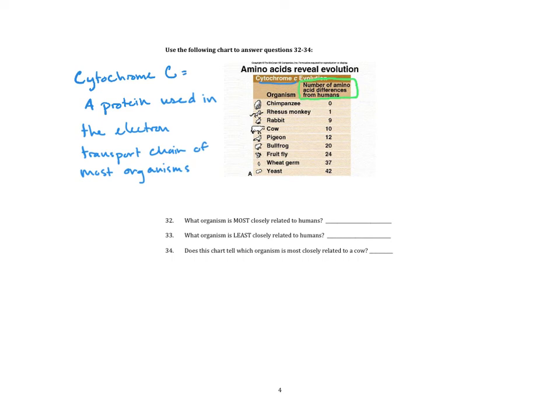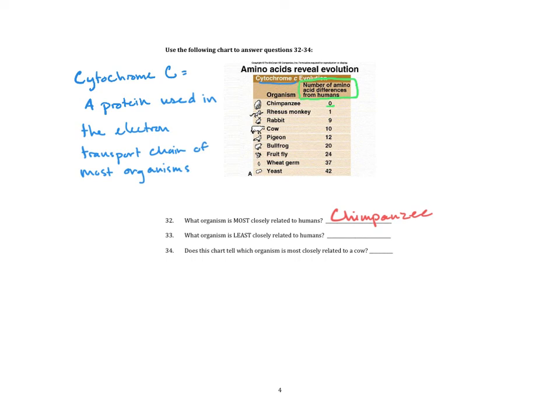When you look at this chart, you want to find the organism that has the fewest number of differences between humans and the cytochrome C amino acid sequence from a different species. You should notice that chimpanzees have zero differences. So we have the same cytochrome C protein as chimpanzees. They are the most closely related to humans because we have very, very similar, and in this case identical, DNA for this one protein.